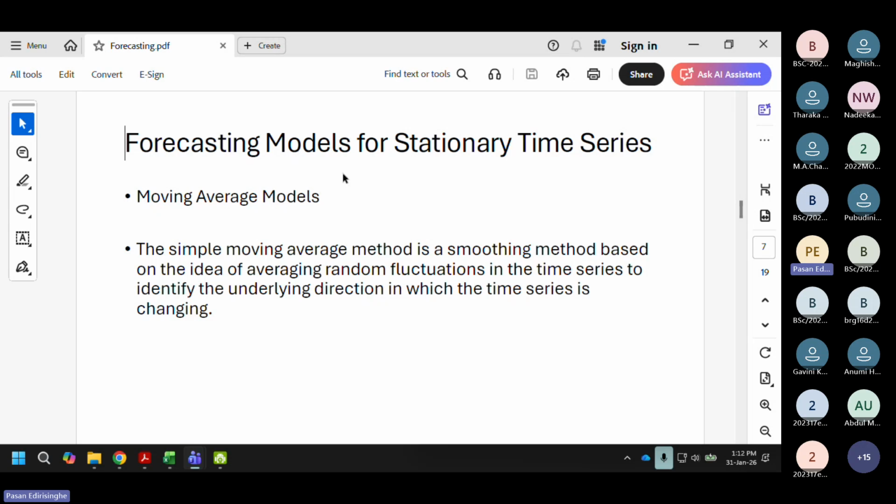In terms of forecasting techniques, we can use several. Initially we started from the moving average concept, and then we moved on to the exponential smoothing technique. And then we have double exponential smoothing and so on, right?